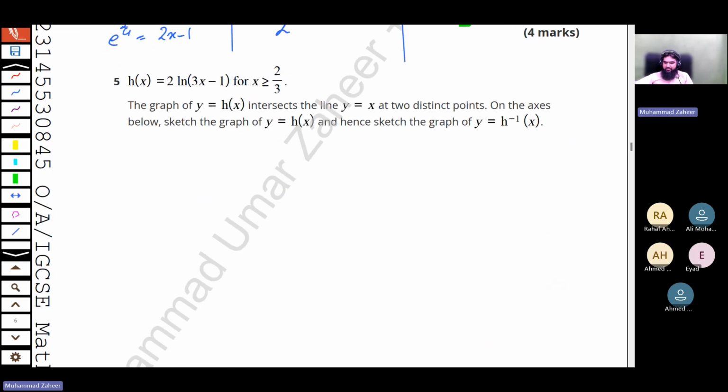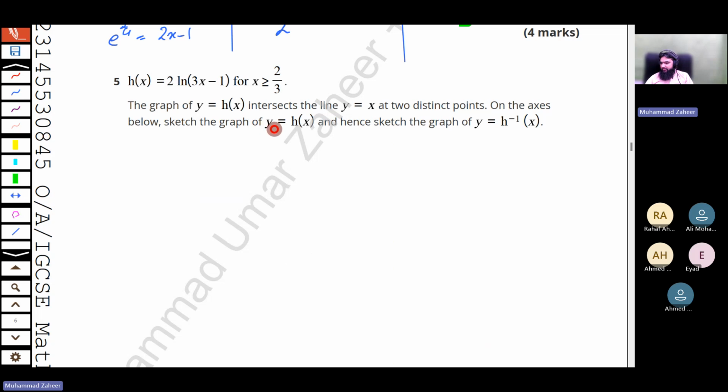All right, now let's see how to go for the next question. We have question number 5. It says that h of x is equal to 2 natural log of 3x minus 1 for x greater than or equal to 2 over 3. So the domain of the function is already given. The graph of y equals h of x intersects the line y equals x at two distinct points on the axis.